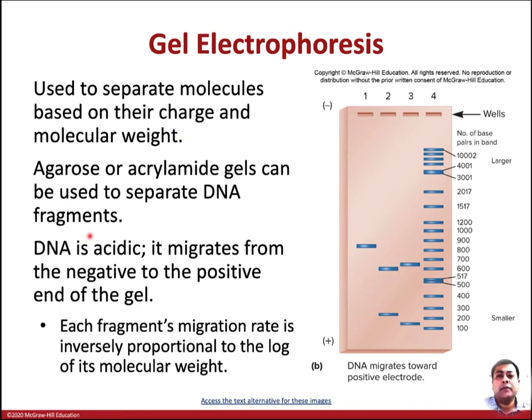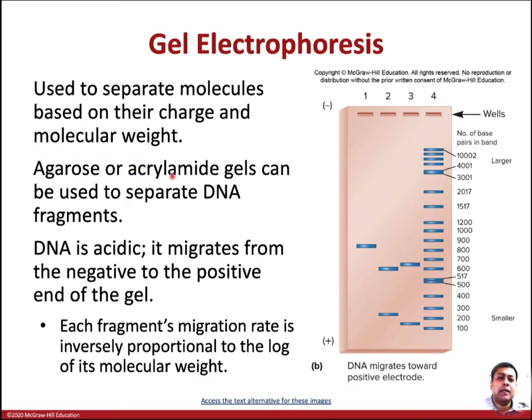So how does this DNA gel electrophoresis work? This is to separate the molecules based on their charge and molecular weight. So it could be agarose or acrylamide gels that can be used to separate the DNA. The most common is the agarose gel for most purposes.